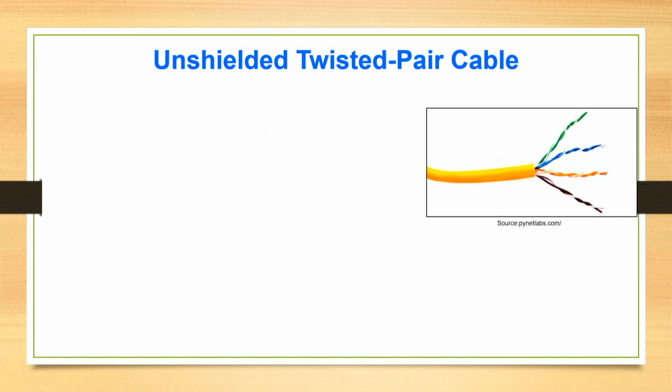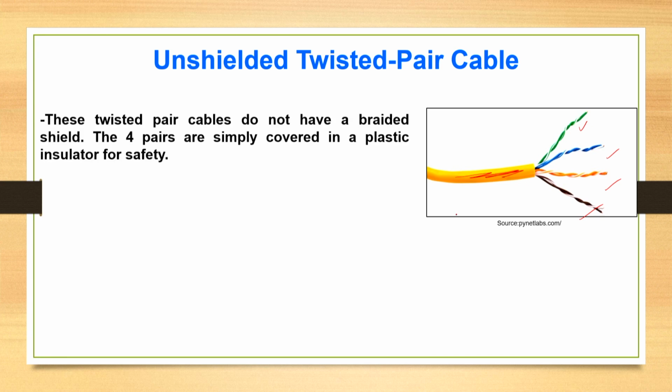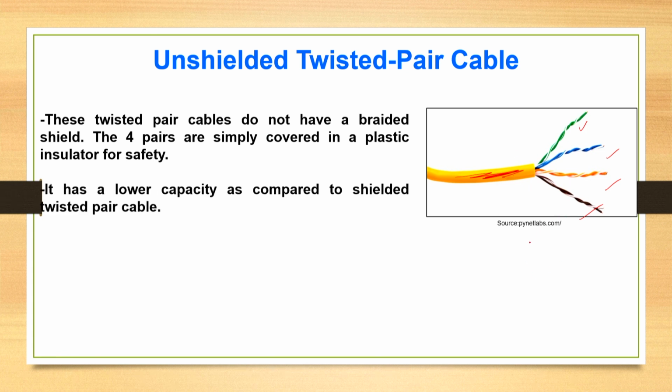Whereas in the case of unshielded twisted pair cable, you can see these are the twisted pair cables which are covered by this plastic. So, it does not have a braided shield, and here you see that this is the plastic insulator, which is simply for safety purposes.